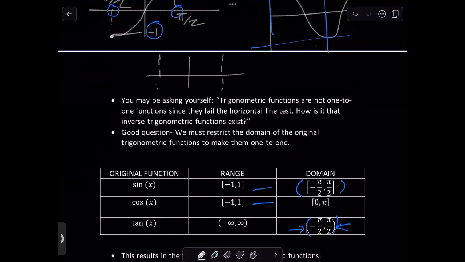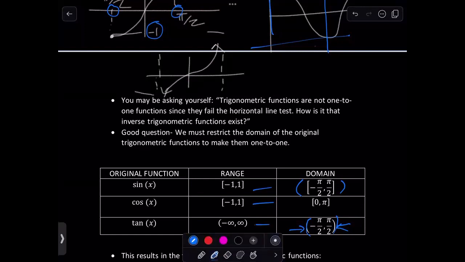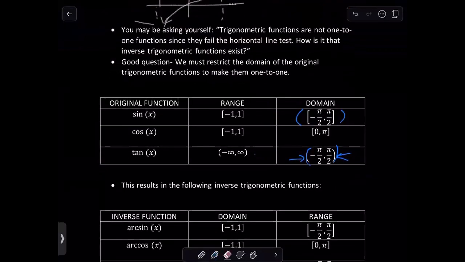So that's why we have round brackets and not square brackets like we did in the sine function. And then the tangent function looks like that. Again, you can clearly see that it's going from -infinity to +infinity, hence why we get that range. So that's how the first table works.